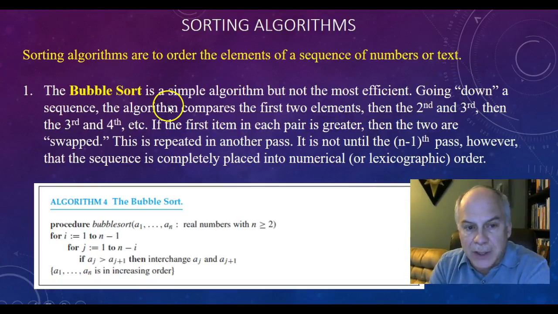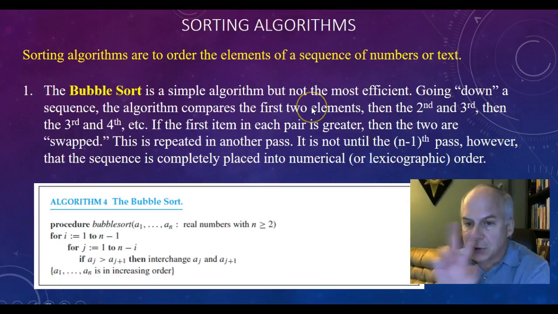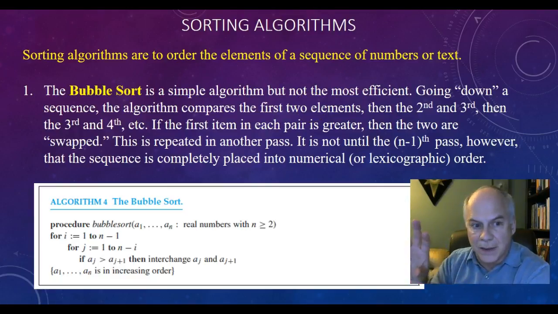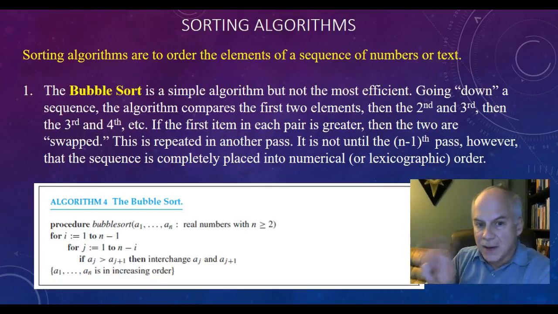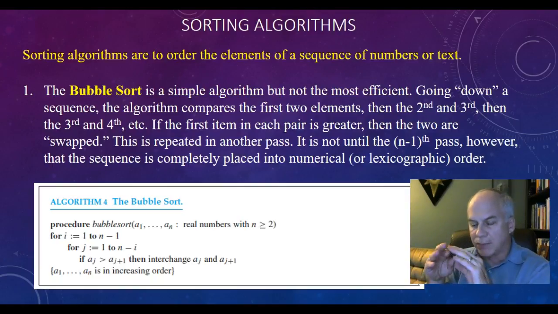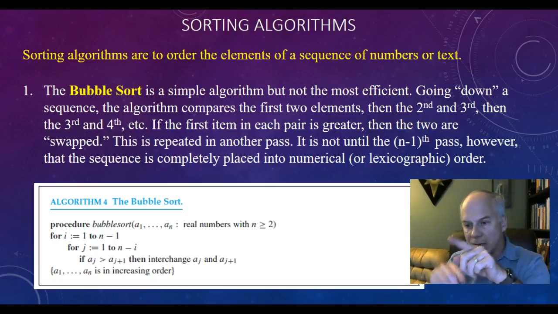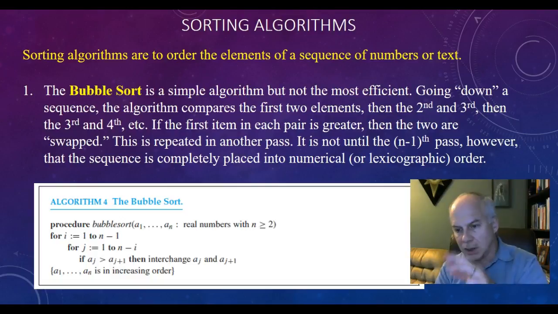Going down a sequence, the algorithm compares the first 2 elements, then the second and the third elements, and then the third and the fourth elements, and then the fourth and the fifth elements. And every time they're out of order, if one is greater than the next one, when you want an element to always be less than the next one, then it'll swap them.